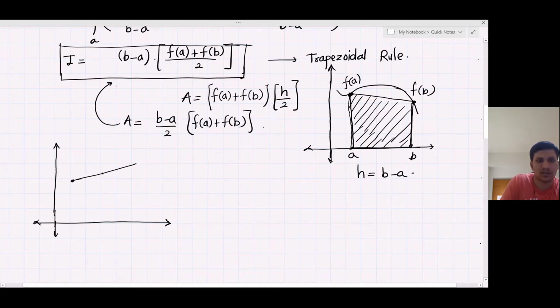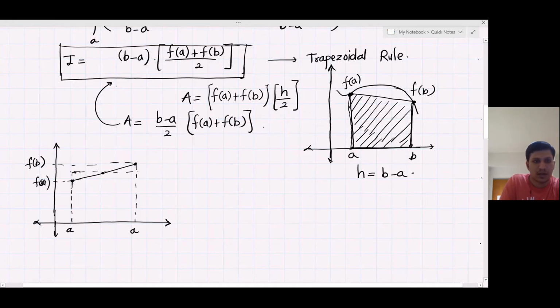Suppose this is the actual function f of x, and we need to perform the integration between these 2 points, and this is f of a and this is f of b. So according to the formula, (f of a plus f of b) by 2 will come like this, and that area, this much area.